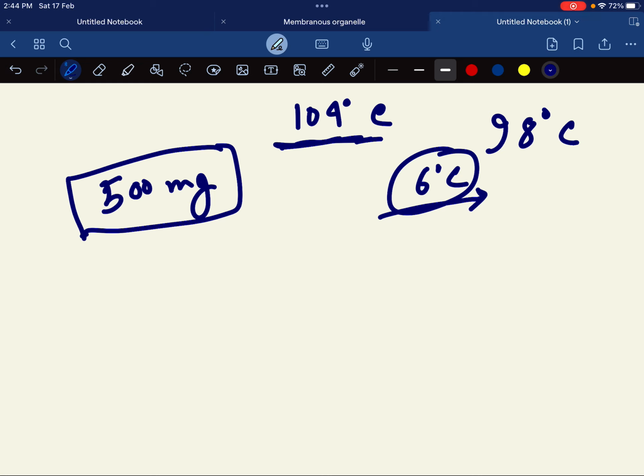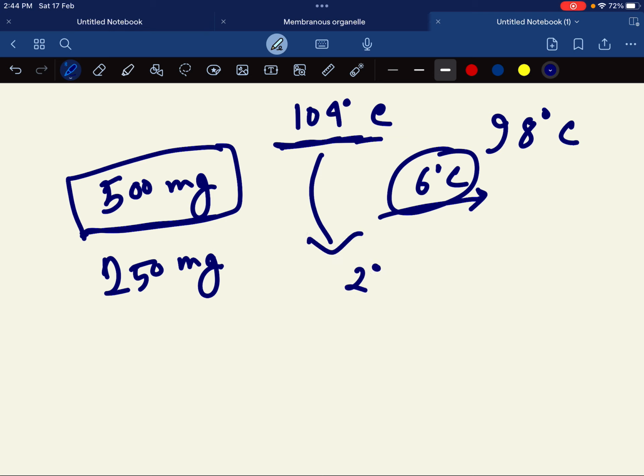So when you increase the dose, whenever you take 250 milligram of paracetamol, it may decrease the temperature by about 2 degrees. Whenever you take 500 milligram, it may decrease your temperature by 3 degrees. Whenever you take 1000 milligram or 1 gram, then it may decrease 4 degrees.